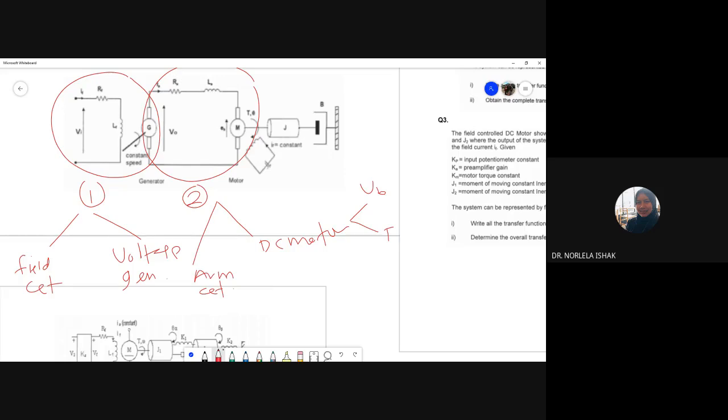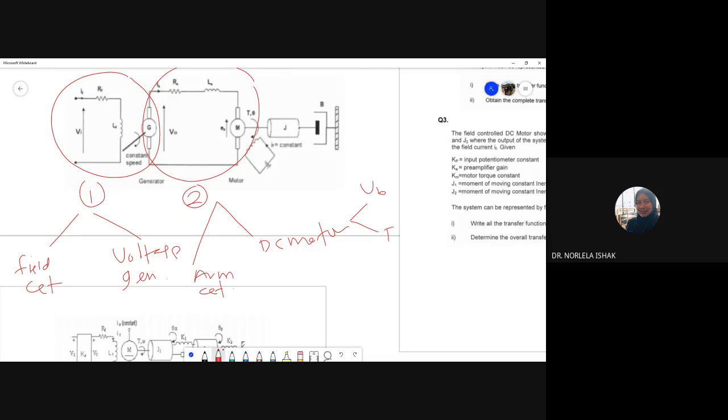You all just list it. For example, you list it: first you define what the systems are from this complete network.